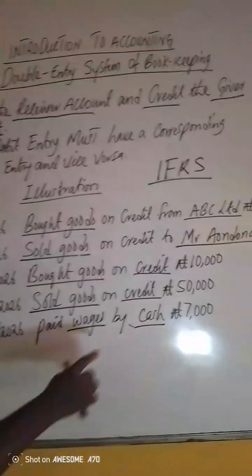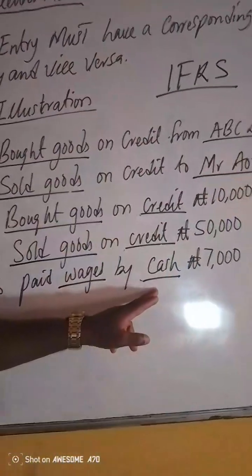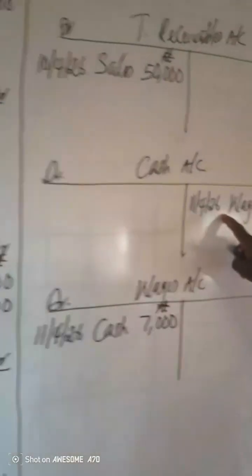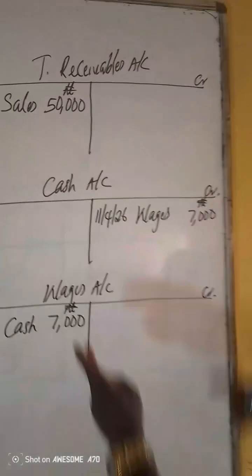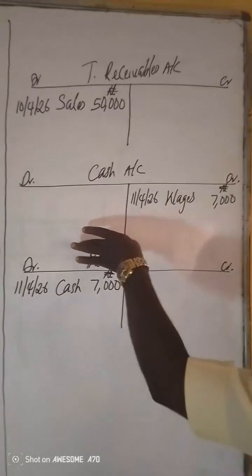So let's continue. Here we are saying that cash is given. Credit the giver account. Cash is given. They now come here and say this is our cash account. Cash account is given to wages, worth 7,000. They now come to the receiver account and say that all expenses are debited, all services paid are debited.